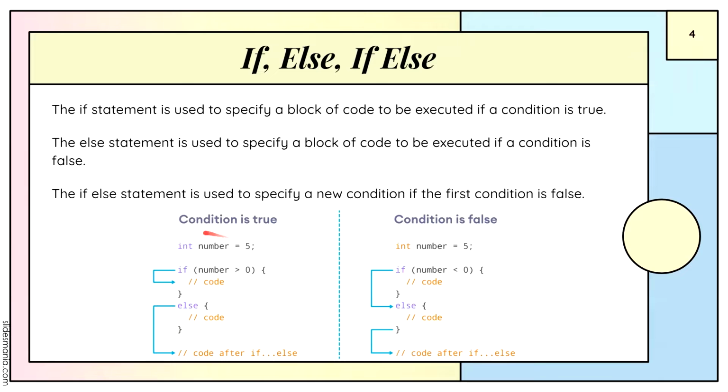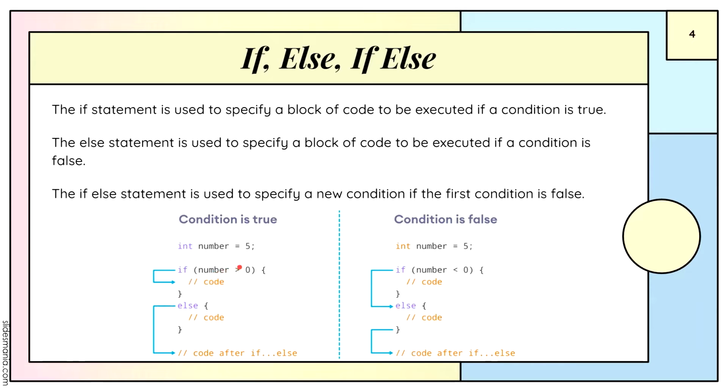sides in this picture. If the condition is true, so the number is 5, and you can see if the number is greater than 0, which it is, then do this code. Else, do this code, and then the code after if else. And then if the condition is false, so you can see the number is 5, and the number is not less than 0, so it's going to go directly here.